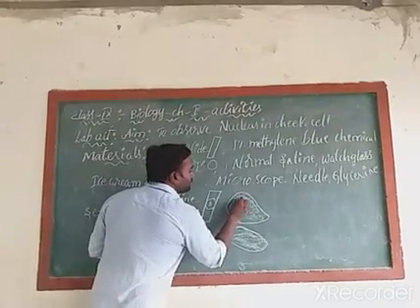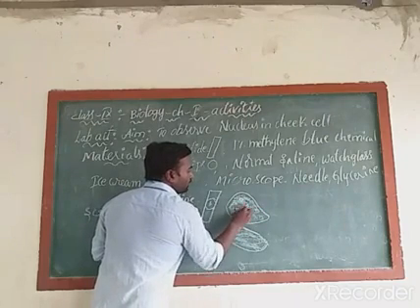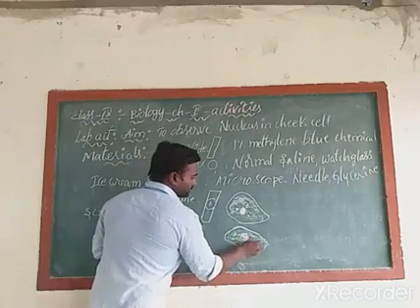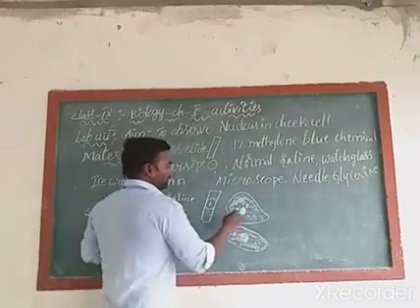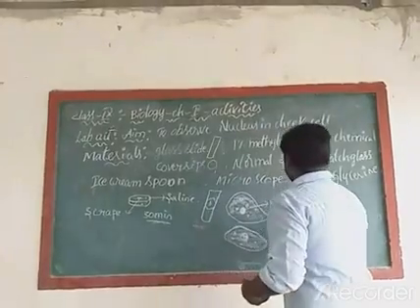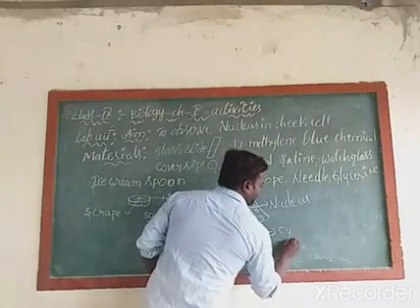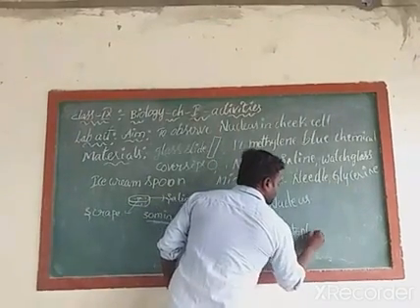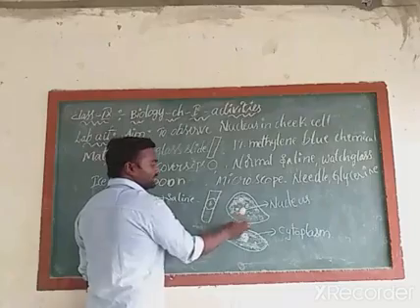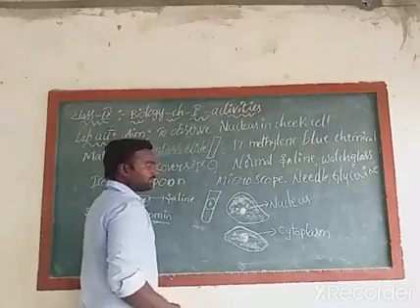In the cells we can see one larger granule-like structure. This larger one is called the nucleus. Some fluid-like material we can also see. That fluid-like material is called cytoplasm.